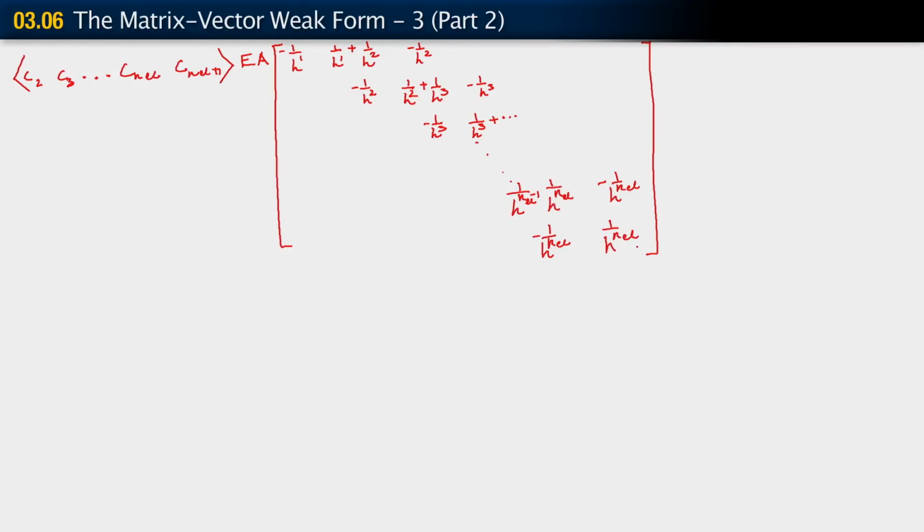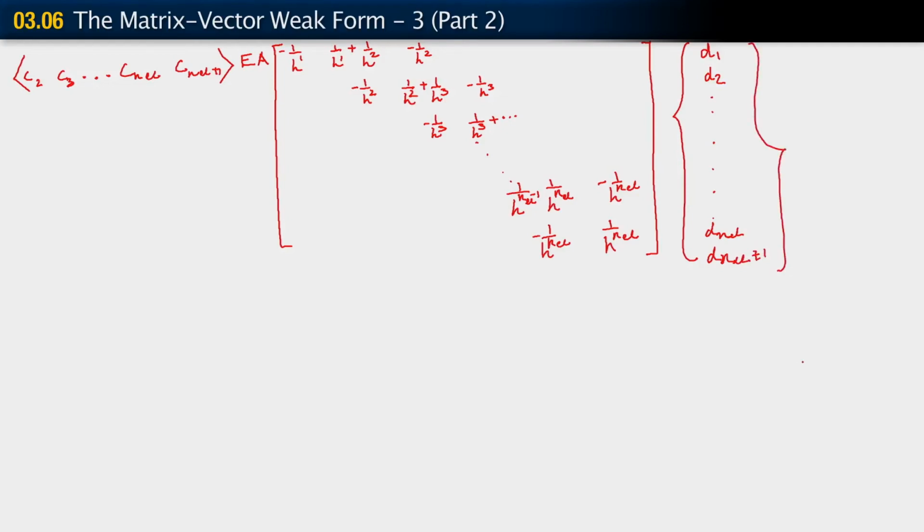I recognize that what I'd written on the previous slide, when we actually developed this a couple of slides ago, was a little cramped. Hopefully this is a little easier to read. Okay, all of this matrix multiplying here our global degrees of freedom, D1, D2, all the way down to D NEL, D NEL plus 1.